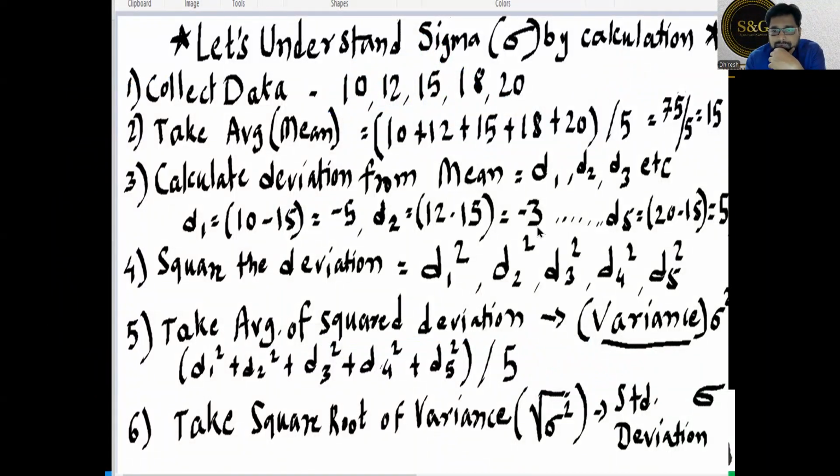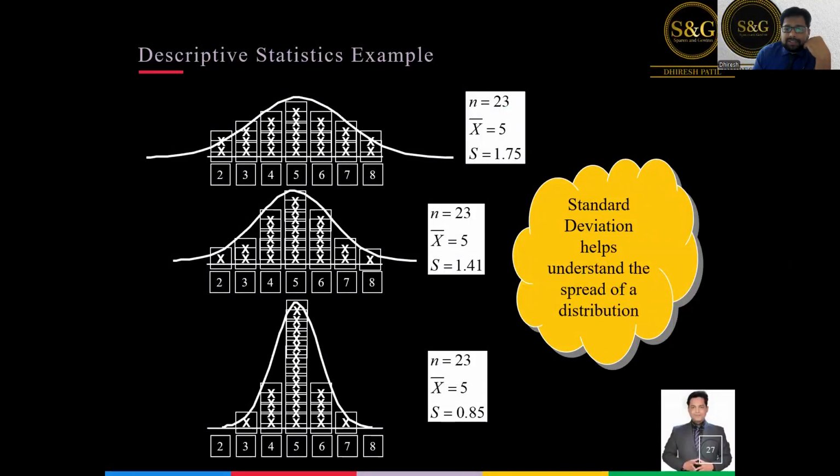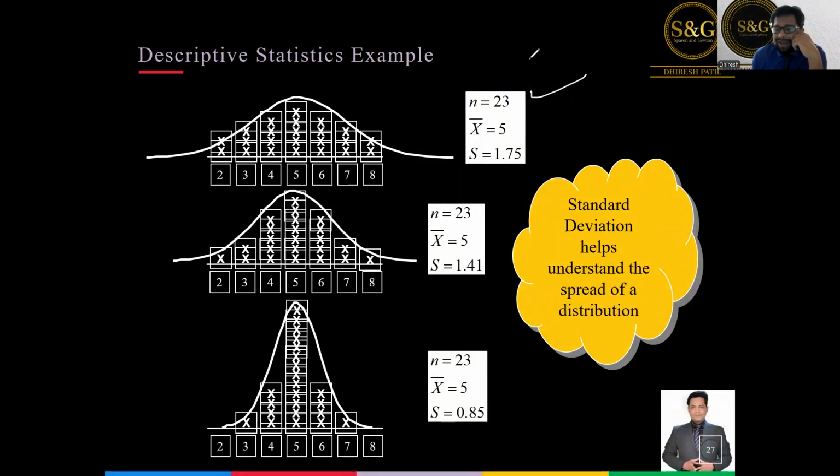Now, look at this diagram. Very important for us. What do you mean by N? In statistics, N का मतलब क्या होता है? Type in the chat box.